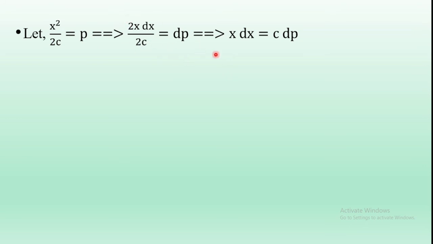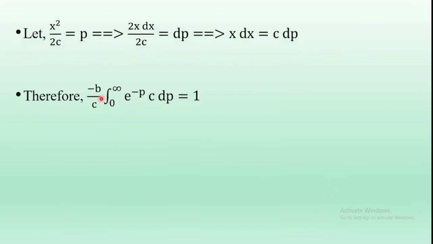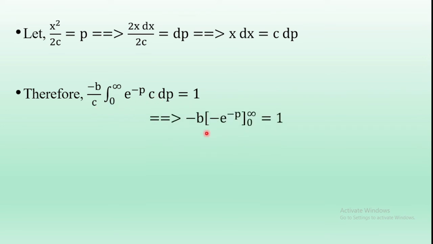Applying all these considerations into this equation, we get minus b by c integral 0 to infinity e power minus p into x dx, which is c dp, is equal to 1. Numerator and denominator, c cancels: minus b integral e power minus p dp is e power minus p by minus 1 over 0 to infinity.